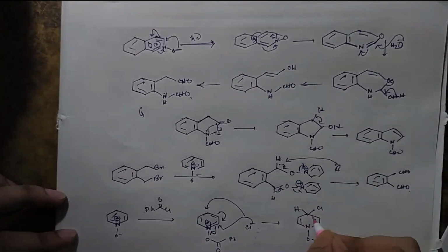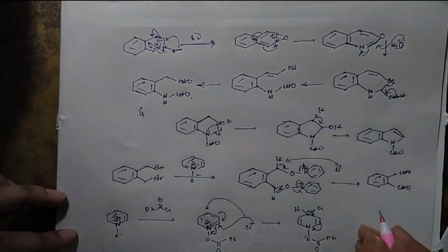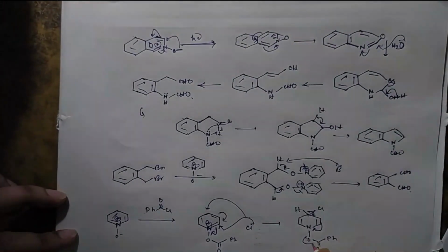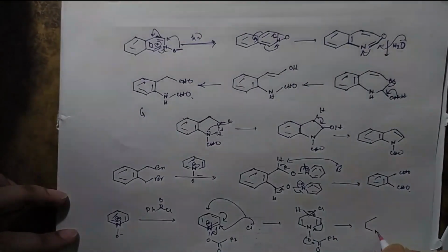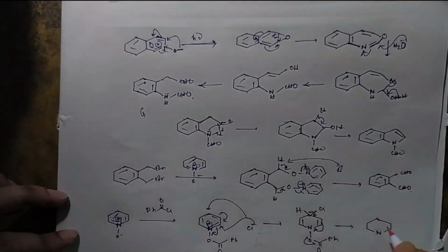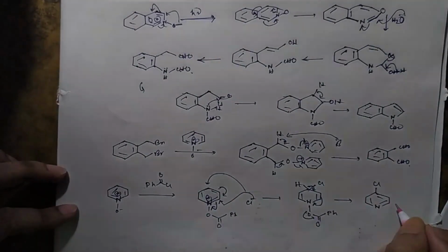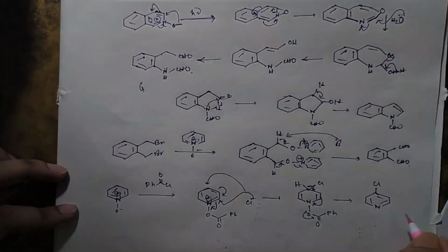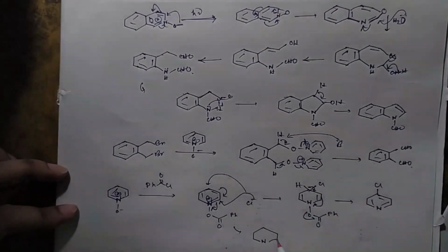Now HCl eliminated from here, this one goes here, this one goes here, and benzoate is a good leaving group, so it cleaves. So we get chloro substituted pyridine. And also from the ortho attack we can get similarly ortho substituted pyridine.